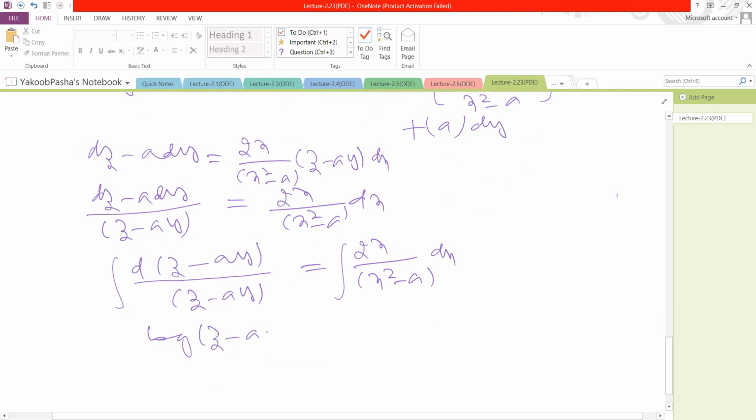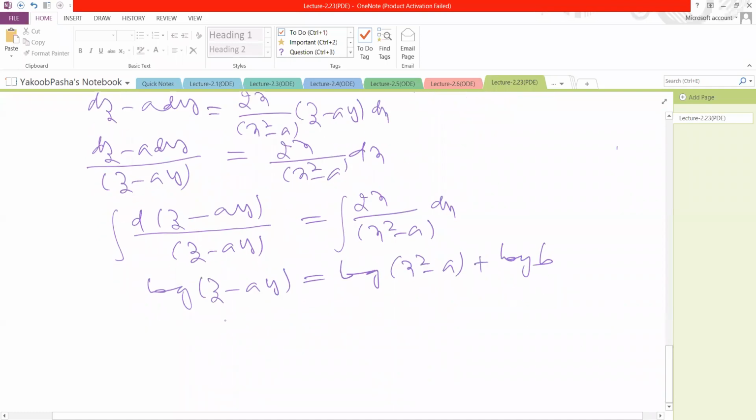So log z minus ay is equal to, it is in the form of integration of f dash x by f of x. So it is log f of x square minus a plus some arbitrary constant, we can take log b. So we can write z minus ay is equal to b into x square minus a. Okay, this is the general solution.